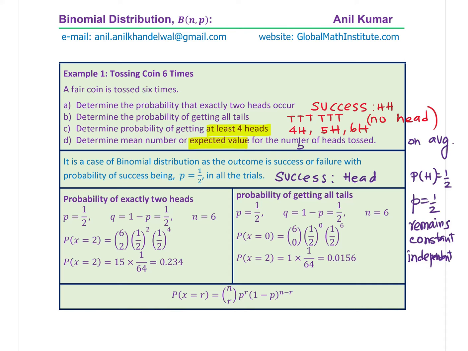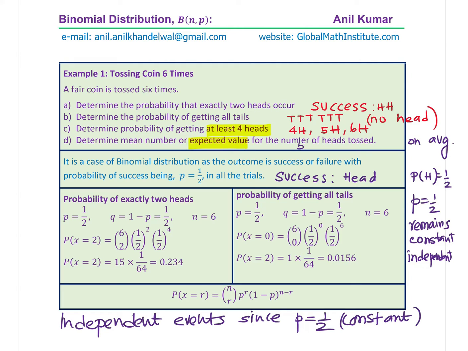Correct? So we'll write here: we have independent events since the probability p of getting a head remains constant. Is that clear? That is kind of important.